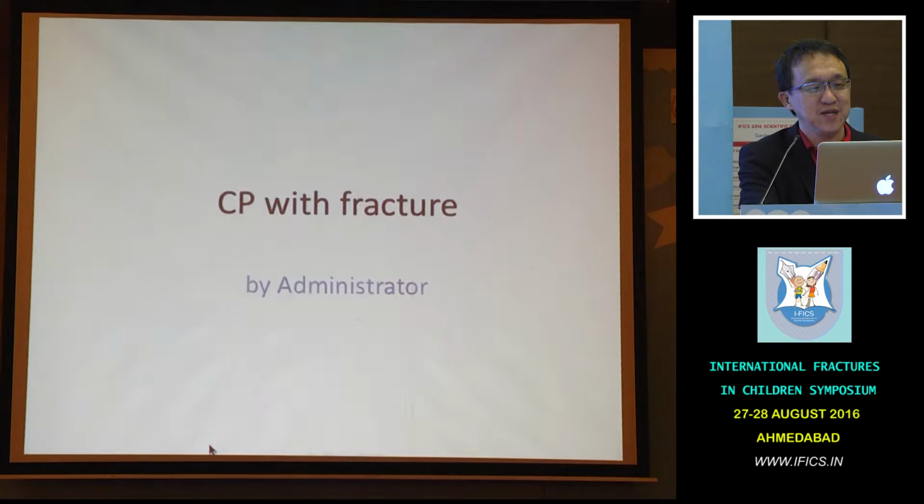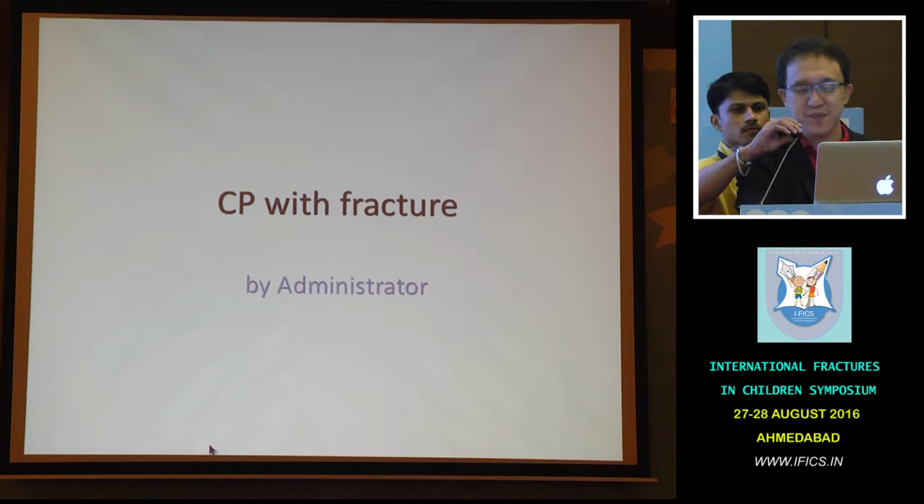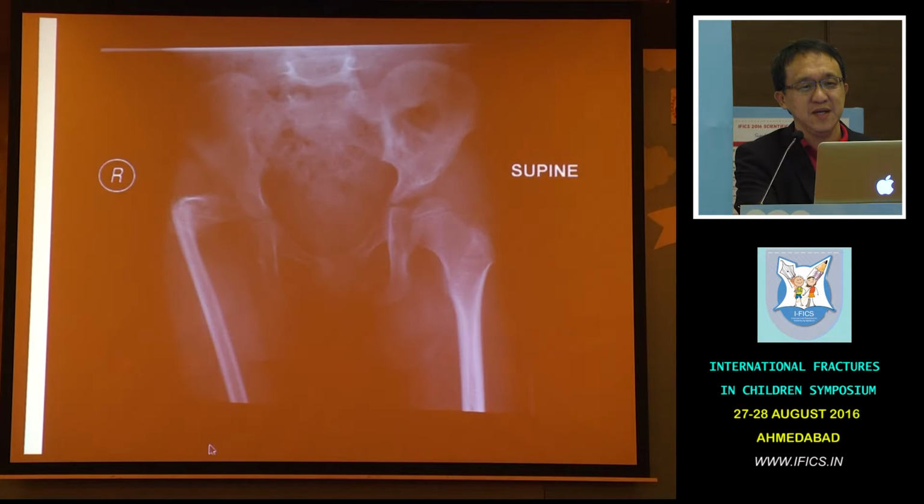Okay. So the next case, I think Hitesh will show you a lot of these cases later, with CP. So this is a kid who I think is GMFCS, probably 3.